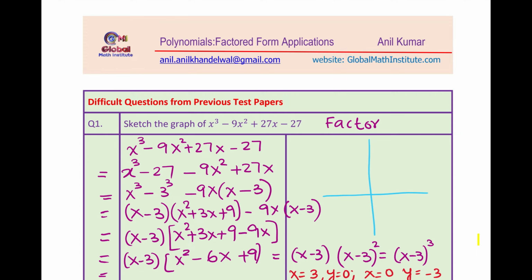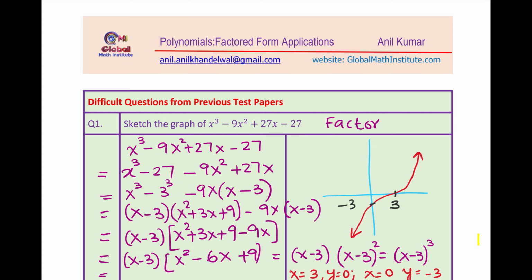So these two become critical points to sketch. At 0 we have the y-intercept, and the graph, which has its zero at 3, can now be sketched as a cubic function shown here. Is that clear to you? So that becomes the graph of this particular function.